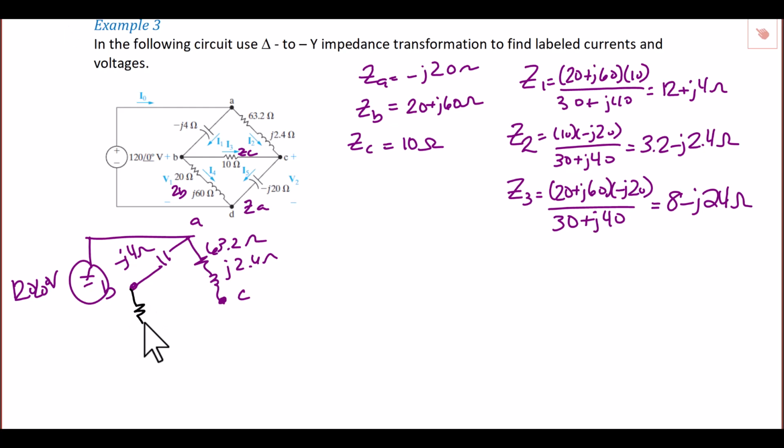But at the bottom, we now have a Y that will have values of Z1, 12 plus J4, Z2, 3.2 minus J2.4 ohms, and Z3, 8 minus J24 ohms, and we're going to call the meeting point between those three branches N for node N.